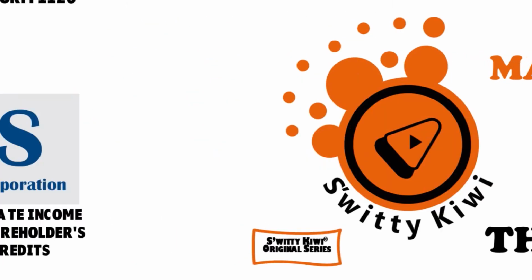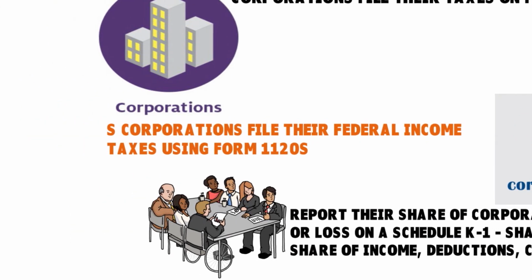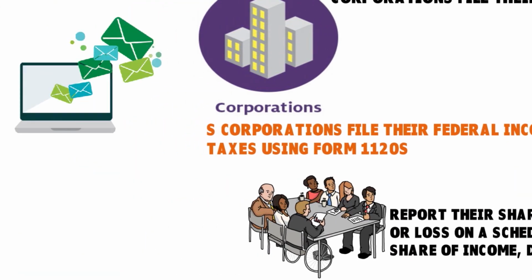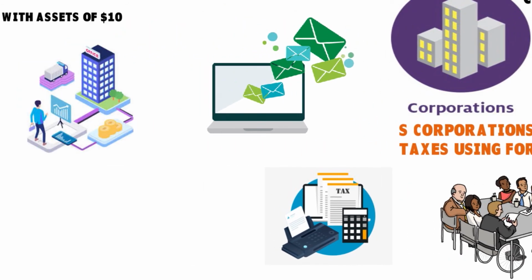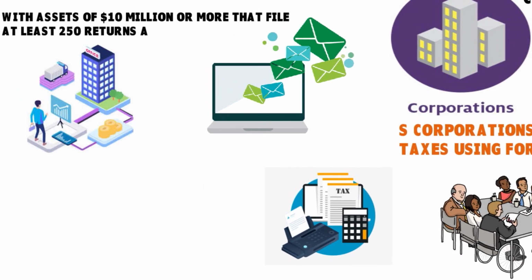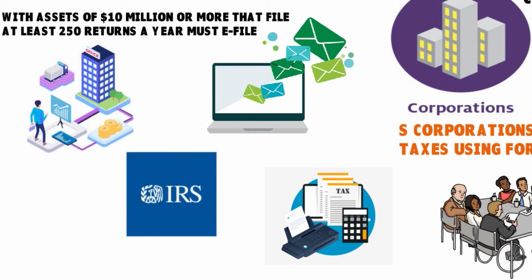How do you actually file this? You can file your corporate or S corporation tax return by mail, or you can have your tax preparer e-file the return. Certain corporations with assets of $10 million or more that file at least 250 returns a year must e-file. The IRS is really trying to streamline the whole filing process.